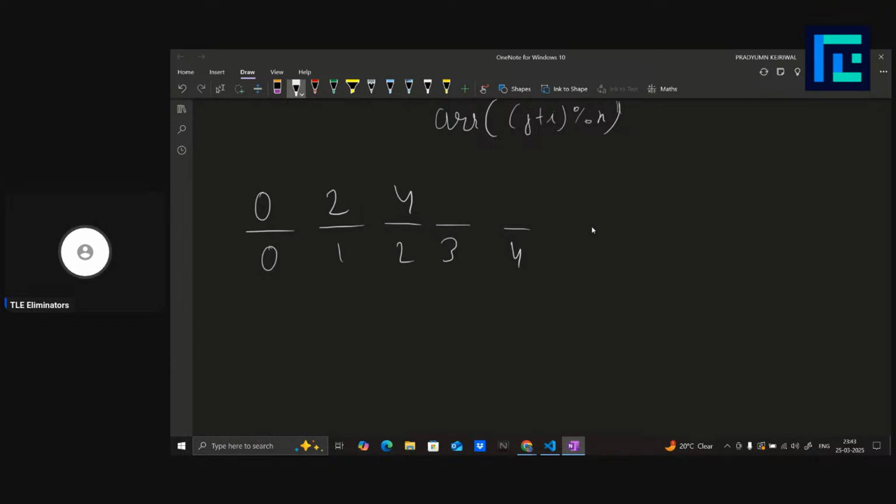Then 2 into 3 is 6 and mod 5 is 1, and 4 into 2 is 8, mod 5 is 3. So hence you will see that this satisfies your cyclic shifting.